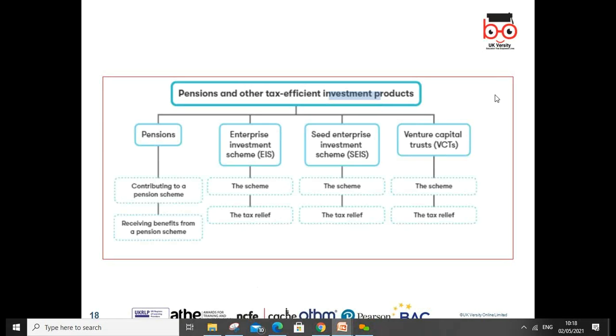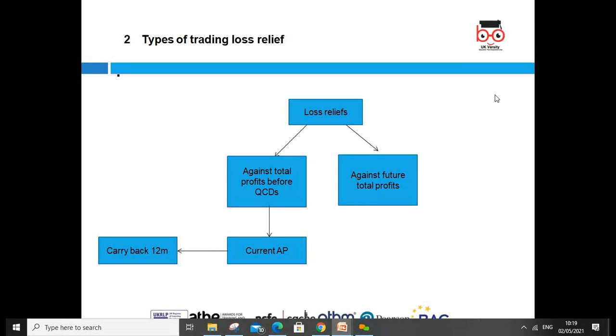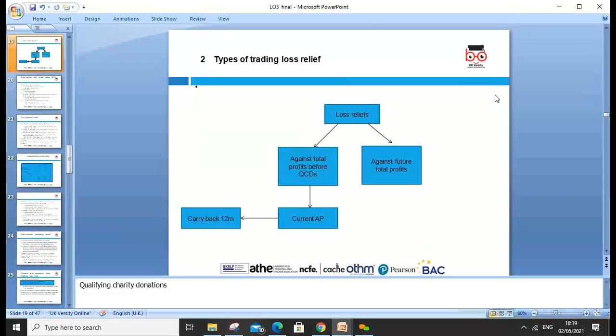When you deal with pensions or other tax efficient investment products, we can look at pension contributions to a pension scheme, enterprise investment schemes and the tax relief under this area, seed investment, you may have heard, or venture capital trust schemes and the tax relief. So for these reliefs, we can look under these special schemes as well, if your company is dealing with them. Any question? No. Okay, then next.